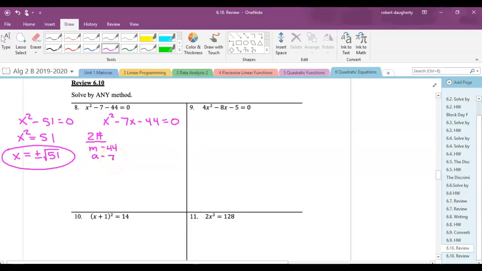It looks like 11 and 4, and if the 11 were negative, then that would do it for me. Because this starts with a 1 in front of the x squared, this represents my factorization: x minus 11 times x plus 4 equals 0. Therefore, x is equal to 11 or negative 4. Okay.